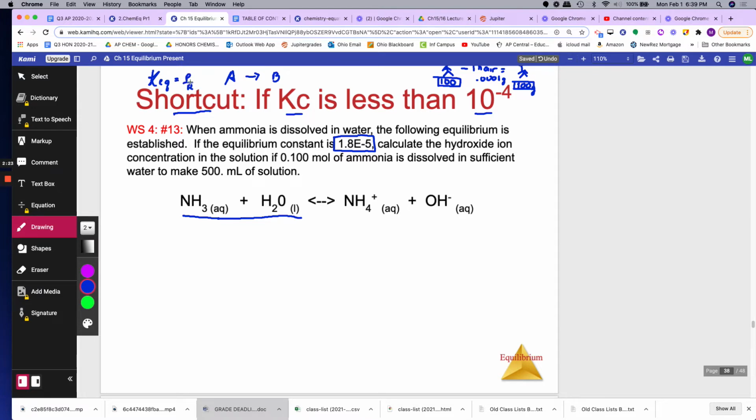That means you will hardly make any products. Okay, that means the leftover reactant is going to be big. You're going to have like 100 grams minus very little used up. You're going to still have a lot of reactant left. Okay, it makes ammonium ion and the hydroxide ion. So the K equilibrium here, I will write on the side, is 1.8 e negative 5.